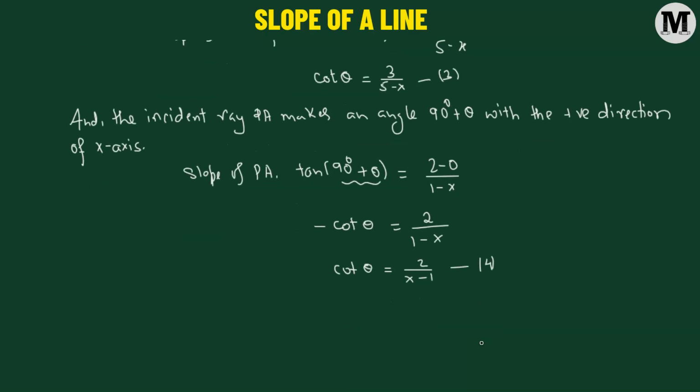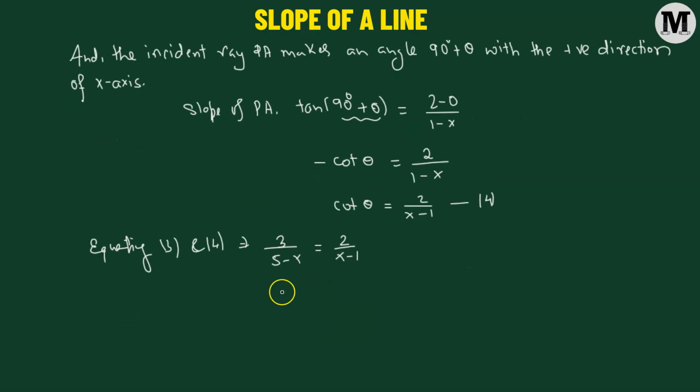Now we can equate equation number 3 and 4 because we have cotangent of theta. So equating them, we get 3 over 5 minus x equals 2 over x minus 1. Let's cross multiply. Cross multiplying gives us 3x minus 3 equals 10 minus 2x.